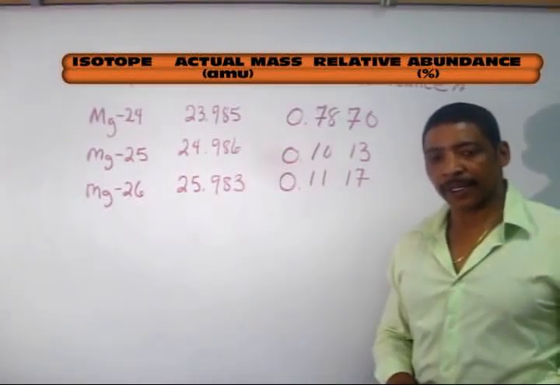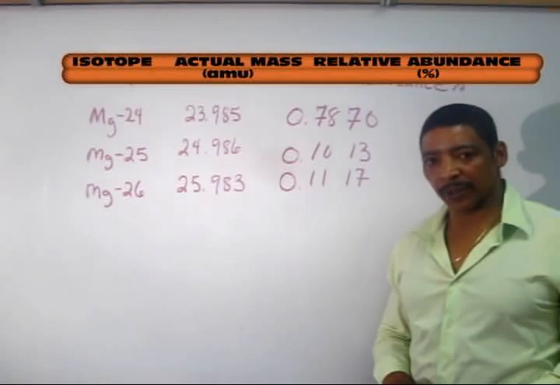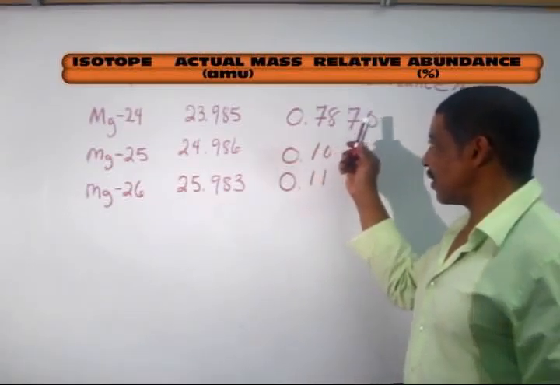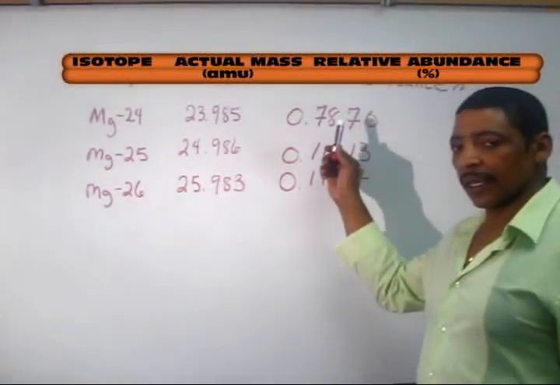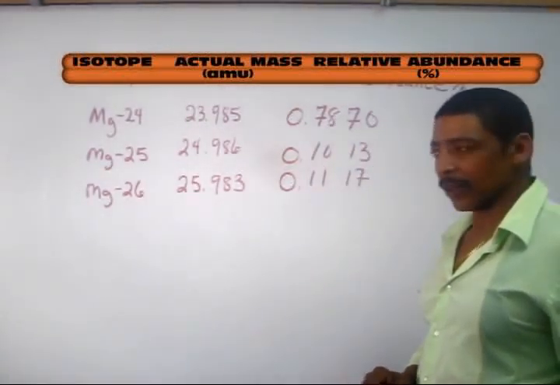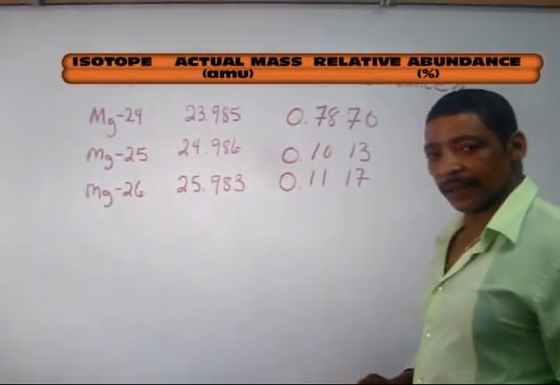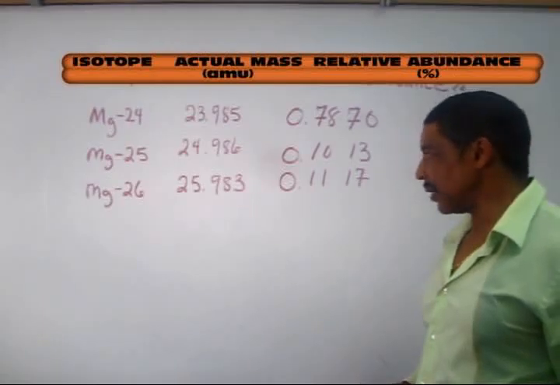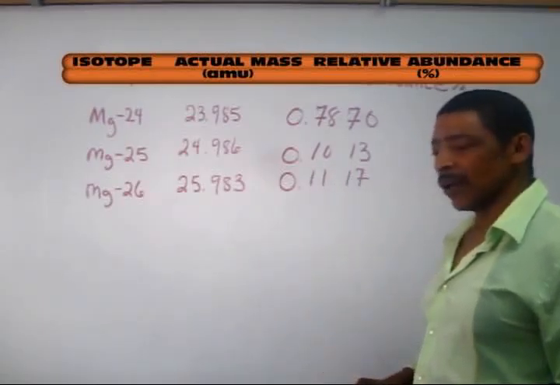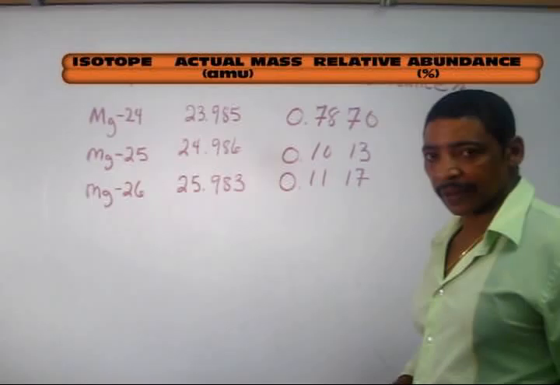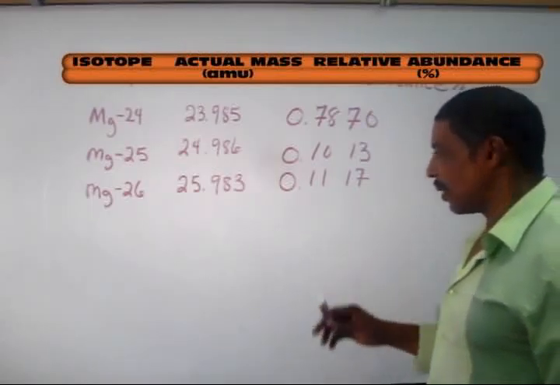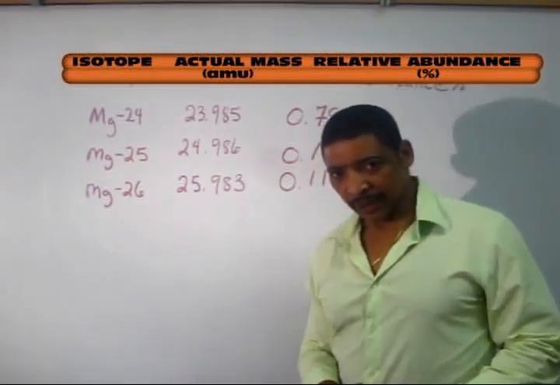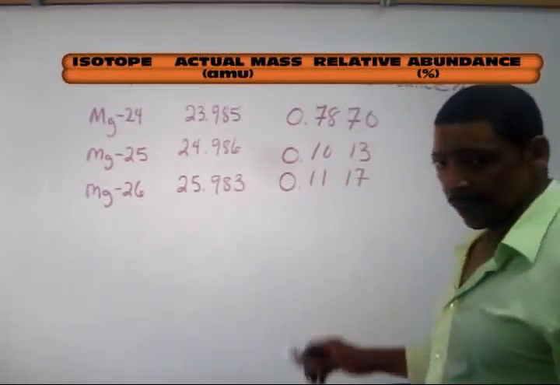The first step in the calculation is to convert the percentages to decimals, where 78.7% is converted to 0.787, and 10.13% is converted to 0.1013. And finally, 11.17% is converted to 0.1117.